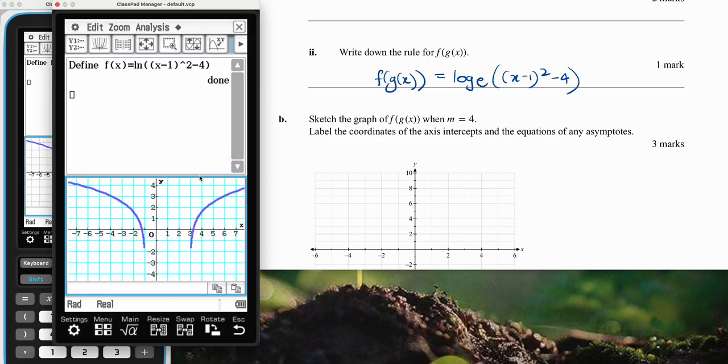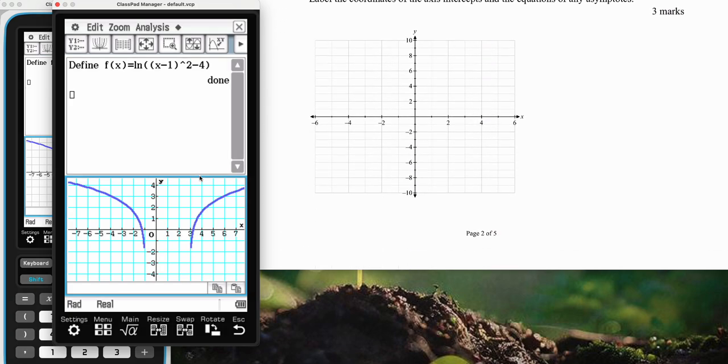We have to be careful with that. So it would be incorrect, and I do think we saw this. I'm just going to sketch this graph roughly. I think we saw this when we saw some of the SACs. We saw students doing this. That's not correct, so be careful.